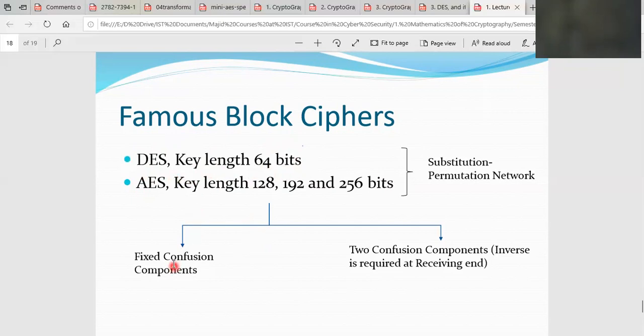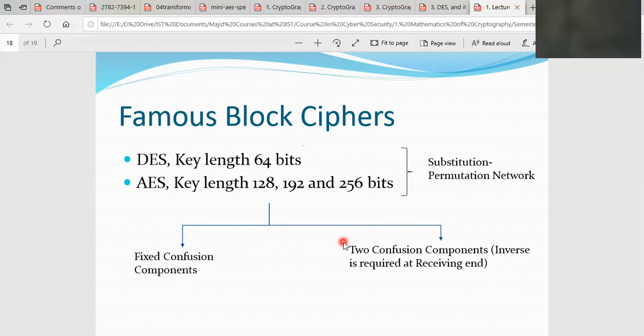In DES, a fixed confusion component is used, and in AES there may be a variable confusion component. DES basically uses two confusion components, one at the sending end and its inverse at the receiving end.